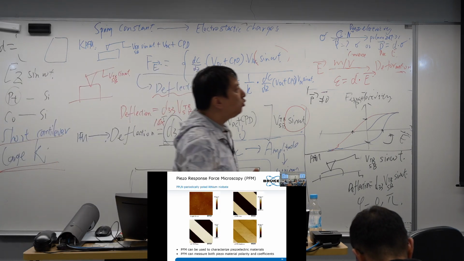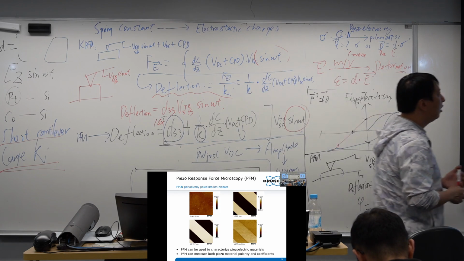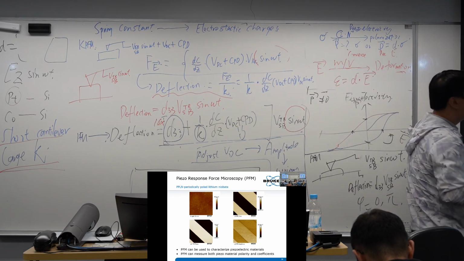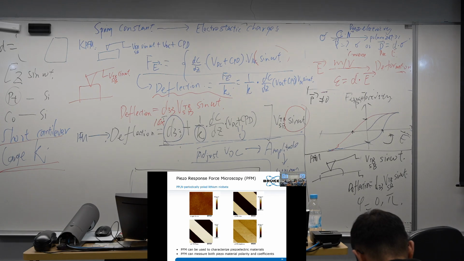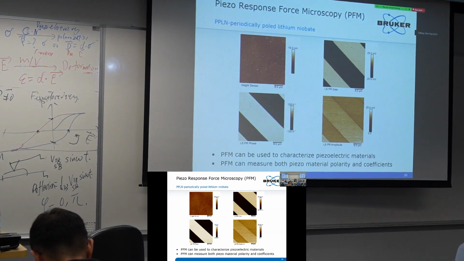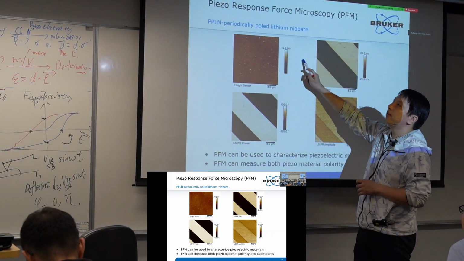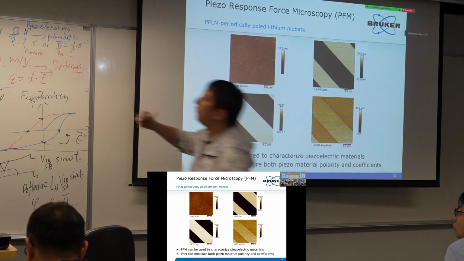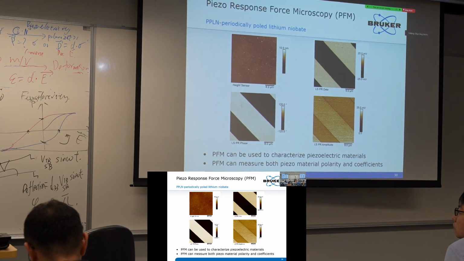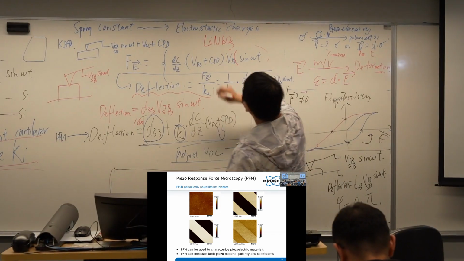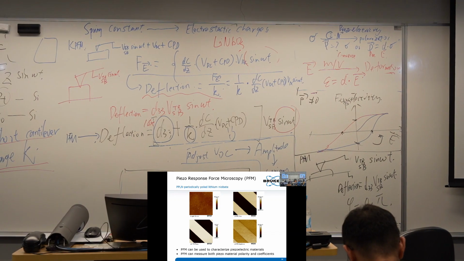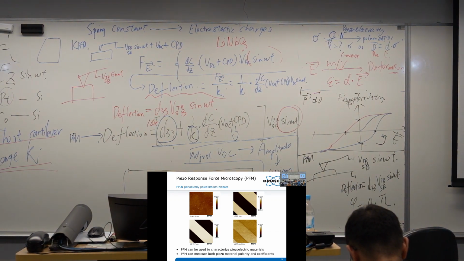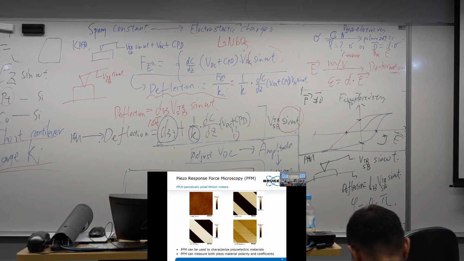So today we will have a standard sample. This standard sample is periodically polarized lithium niobate. It's this one. On this material, we already polarized the sample with some stripes.